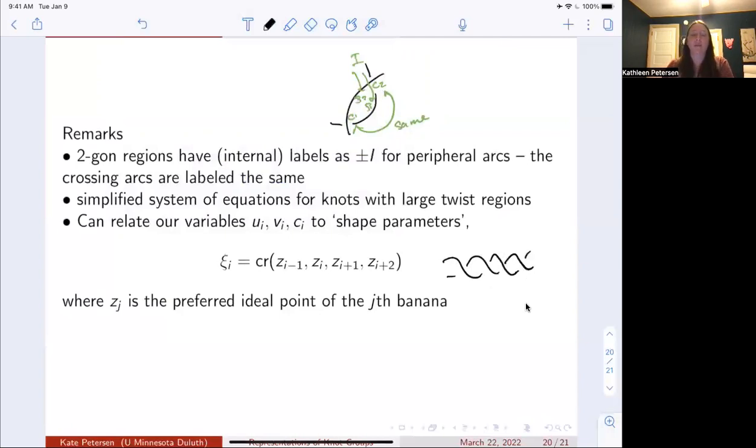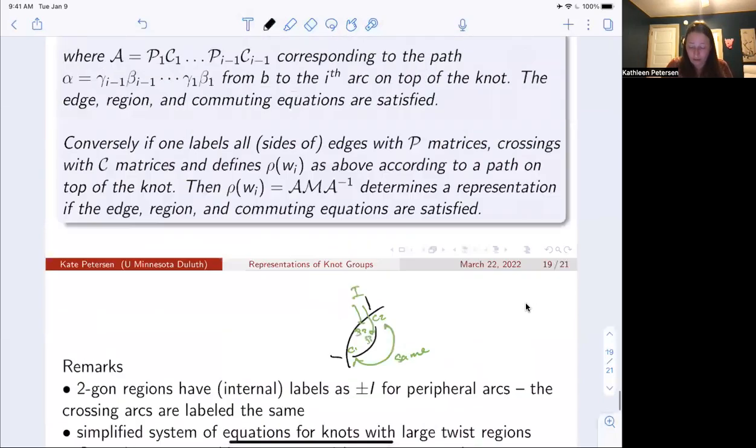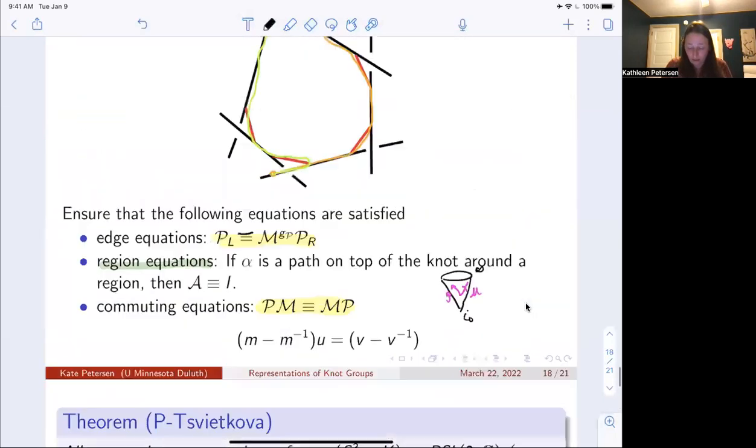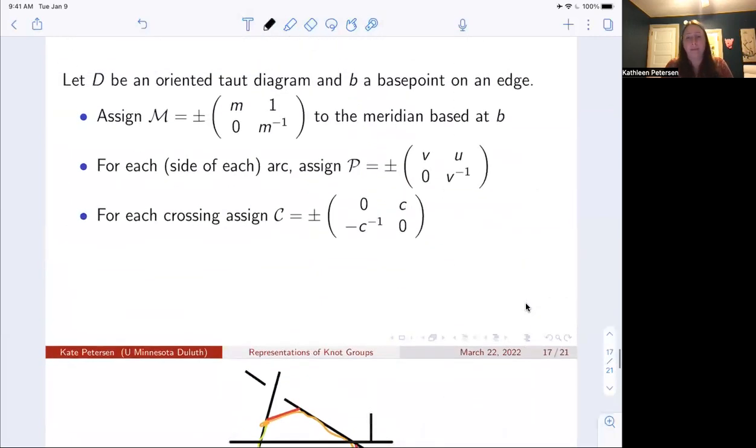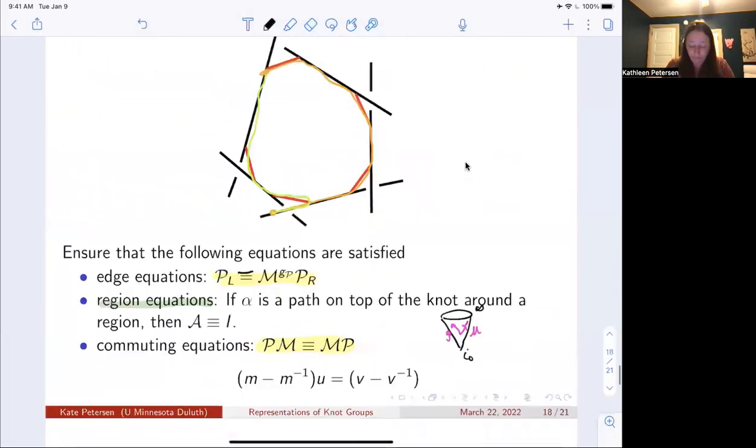The other thing I wanted to mention is that you can relate the entries of our matrices. So if you look over here, the V's are the diagonal portion of the peripherals and the U is the off diagonal.